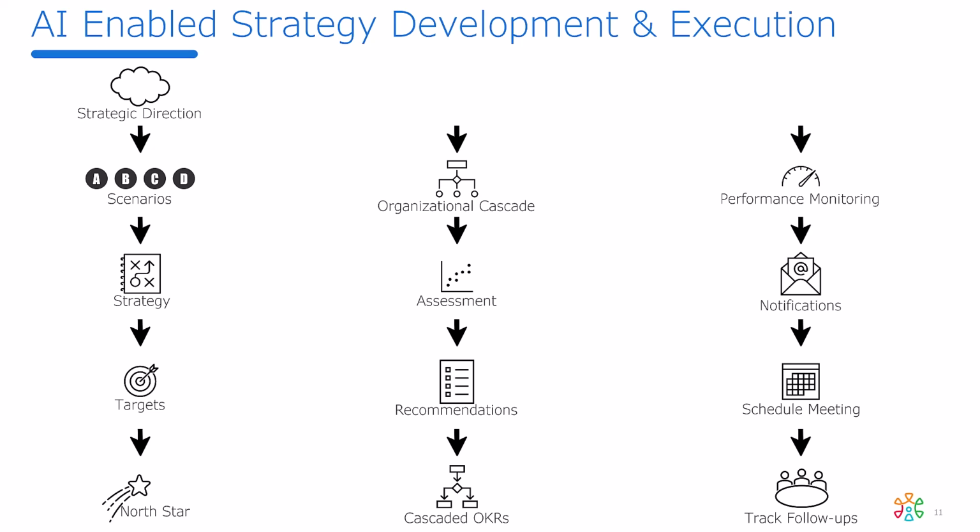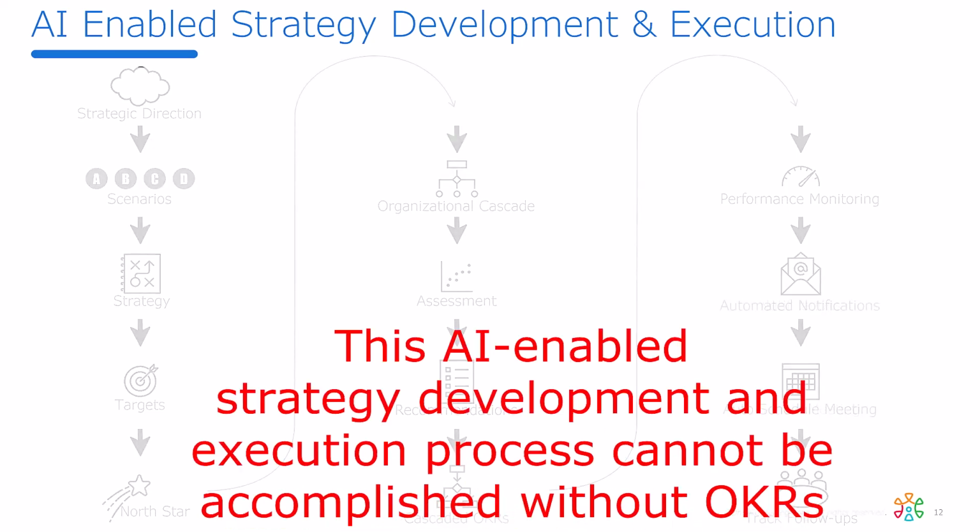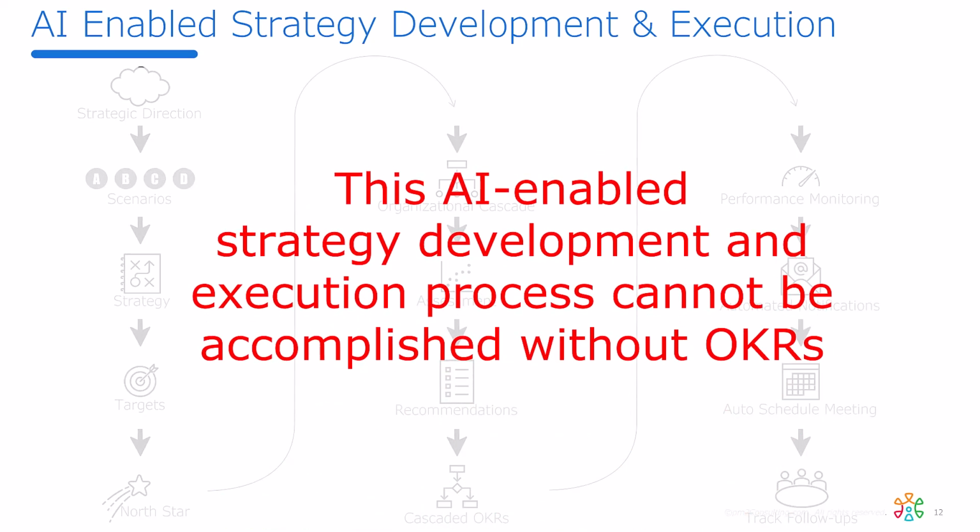So this is a scary process, because what I've just described to you is a scenario where the total thing is AI or GPT enabled. And it's enabled all the way from strategy development, in the top left corner here, all the way through the strategy execution. And it's the OKRs, which are the information structure that gets captured and monitored and modified, that allows this to work.